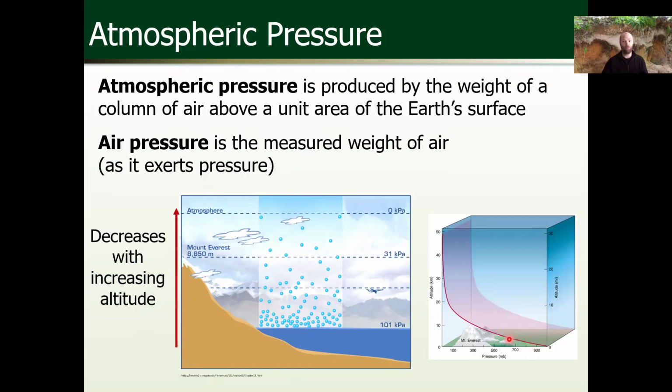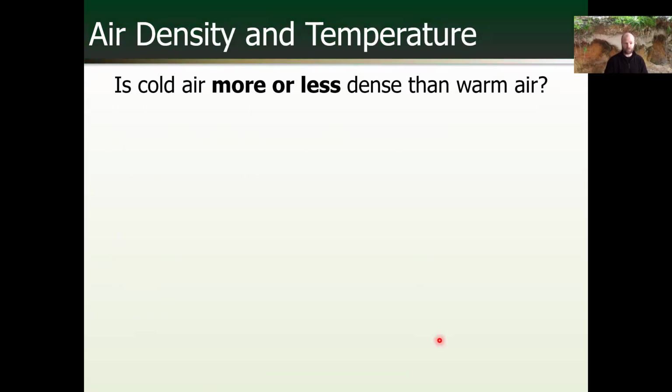Although it is variable over space and time, we can estimate that decrease rather generally, related to that air column. So how high is the troposphere, or our total atmosphere, and how much mass is then weighing down on us?